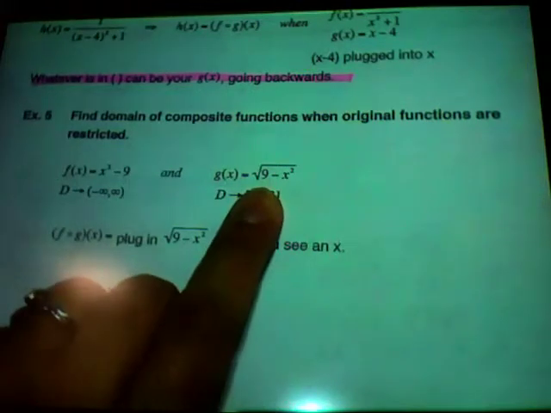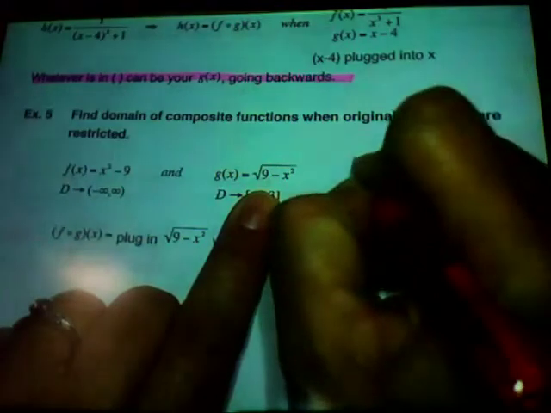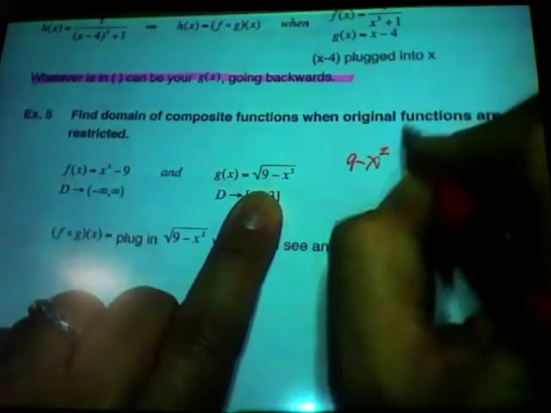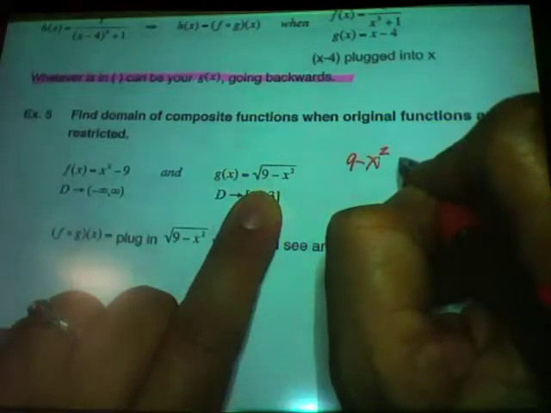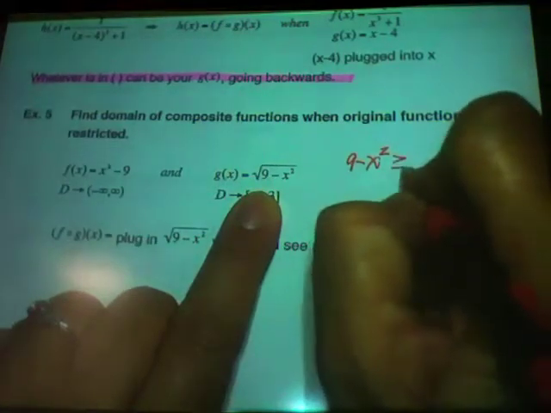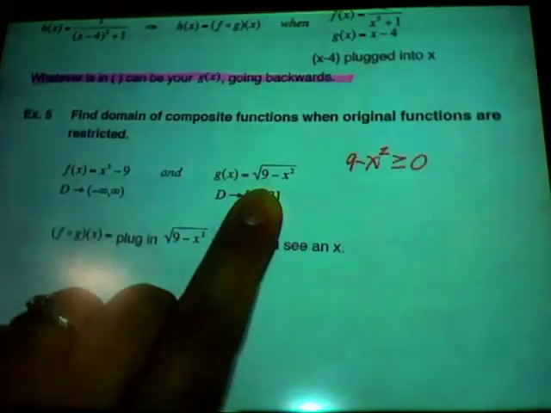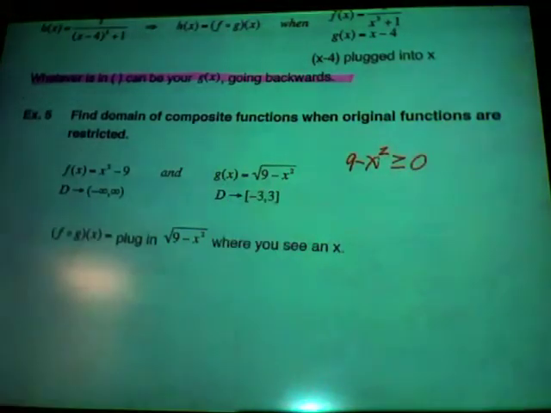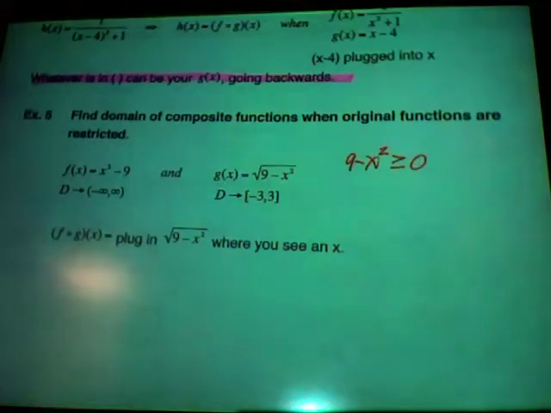Is that restricted? Yes. What's the restriction on it? Yeah, so 9 minus x squared has to be greater than or equal to 0. Remember that radicals have to be positive or 0. Now what if it's a radical in the denominator? Just greater than 0, right?